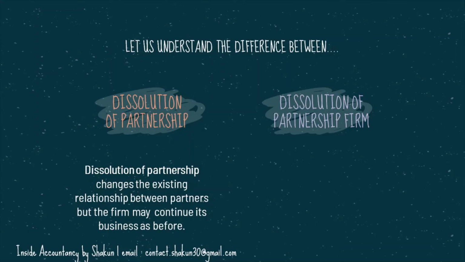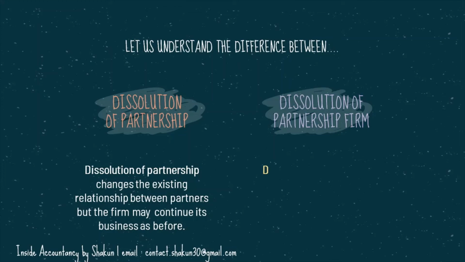The firm may continue its business as before, but there is a change in the existing relationship between the partners. So whenever there is any admission of a partner, retirement of a partner, or change in profit sharing ratio, that leads to dissolution of partnership, because the business continues and does not come to an end; only the existing relationship between the partners changes.